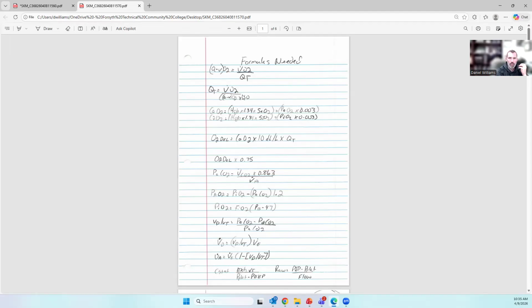Do keep in mind your units of measurement when you're going through each of these calculations. We can change up that Fick formula to help calculate the AV difference. That's going to be important, and I'll discuss that a little bit more in detail moving forward.